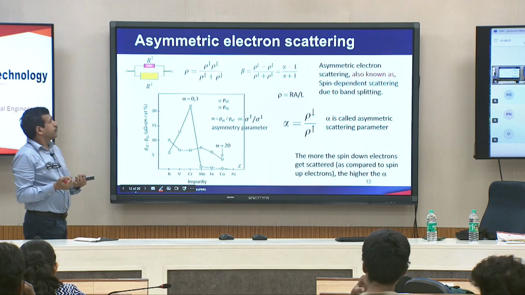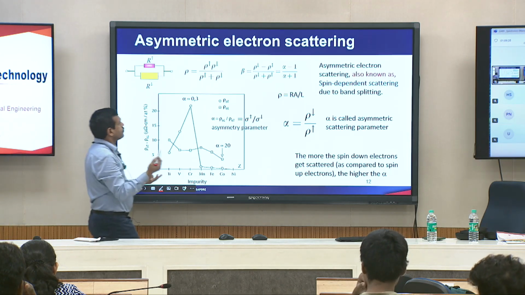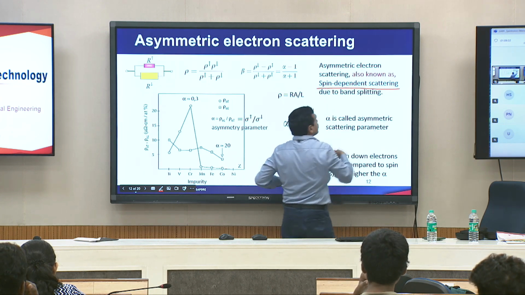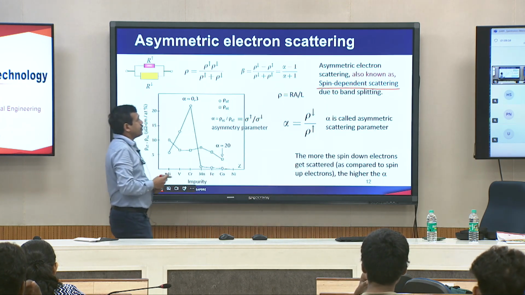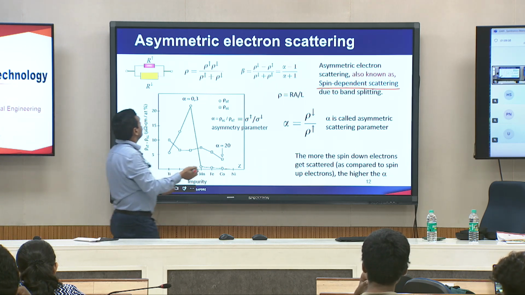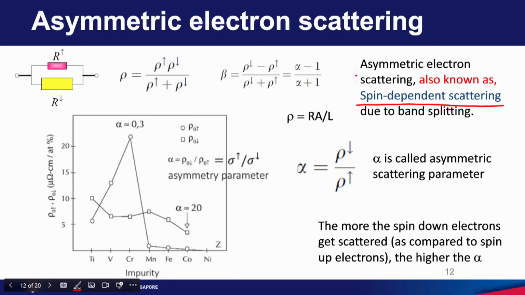Okay, when I talked about spintronics, first I used this term without defining what it is. Spin dependent scattering is also called asymmetric electron scattering. This happens due to the band splitting. We just learned that the spin up electrons get scattered less, so they have a low resistance path.